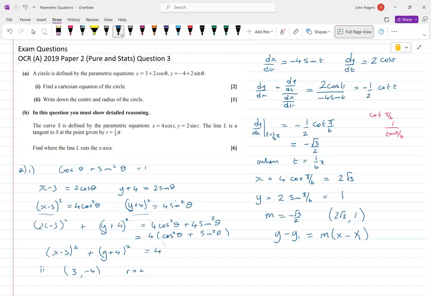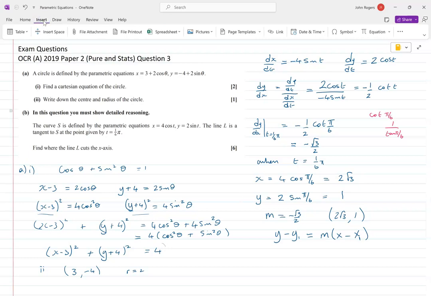So we don't need to simplify the equation. We can just put it into here and then work from there. So y minus y1, so that's y minus 1, y minus 1 is equal to m, which is minus square root of 3 over 2 times x minus 2 the square root of 3.